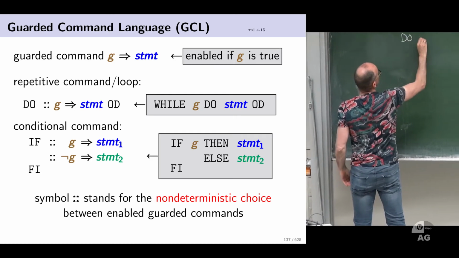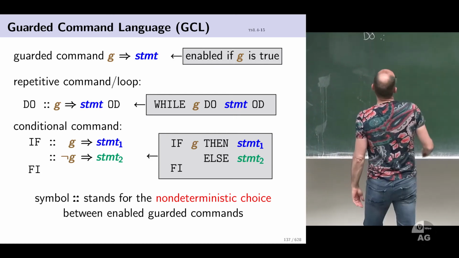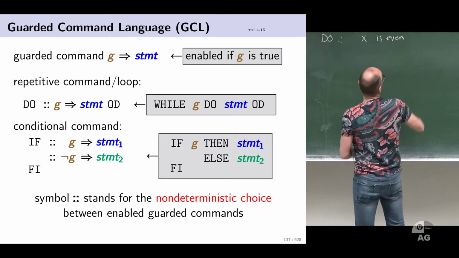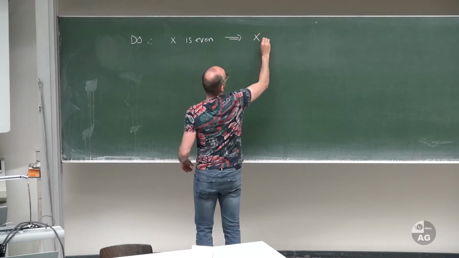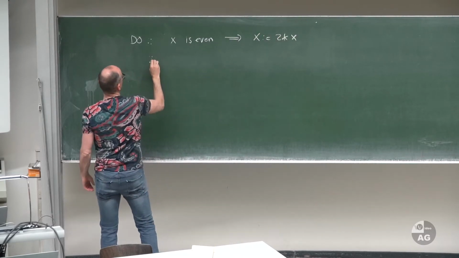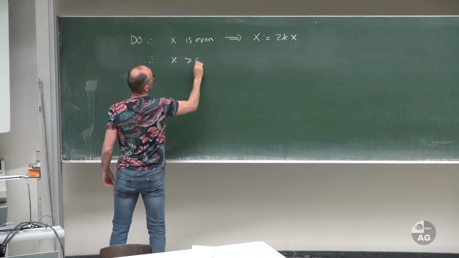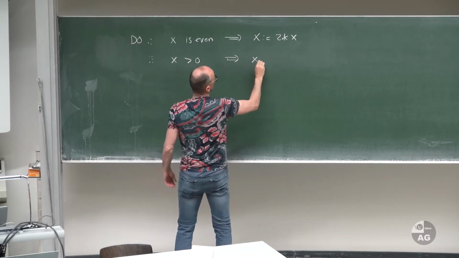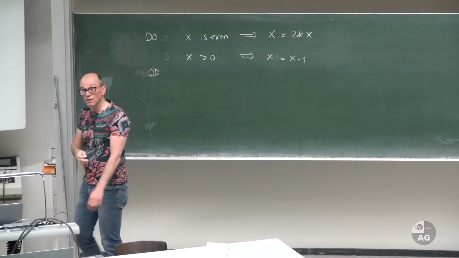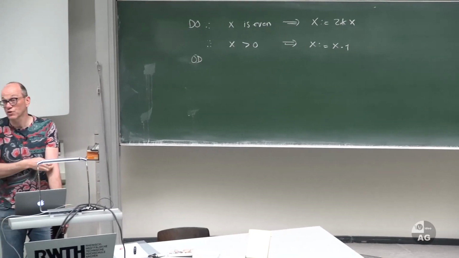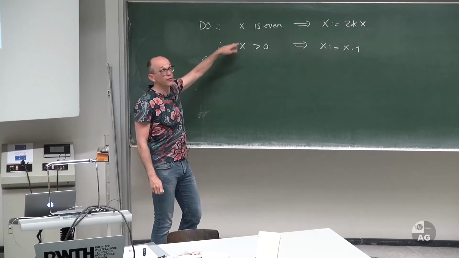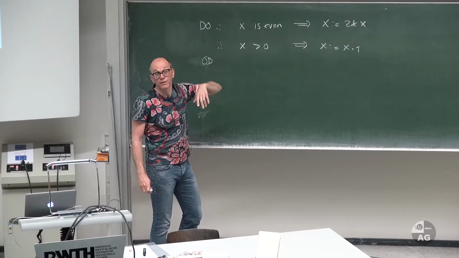Do: condition x is even, then you can do a statement, x becomes 2 times x; or x larger than 0, and then x becomes x minus 1. Od. This is perfectly well allowed in Dijkstra's notation. The two guards are overlapping. There are, of course, even numbers which are strictly positive.